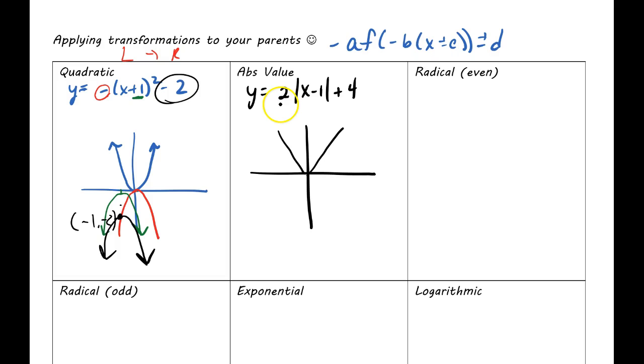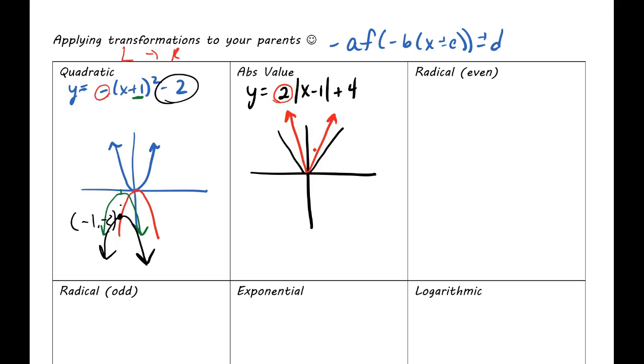That 2 is not trapped in parentheses, so it is a vertical dilation, which means it's a stretch. It's almost like multiplying the y's by 2. When you multiply these y's by 2, it just makes it skinnier. So the bigger the number, the skinnier this is going to be.